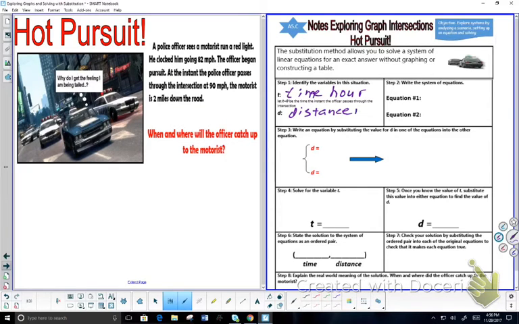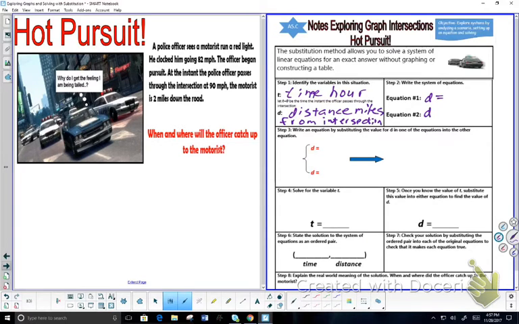But you'll notice that you've got a little note here that says at t equals 0, the police officer passes through the intersection. So this is going to be distance in miles from the intersection. It's not from each other, it's from the intersection. So to write these equations, they've given us a heads up.